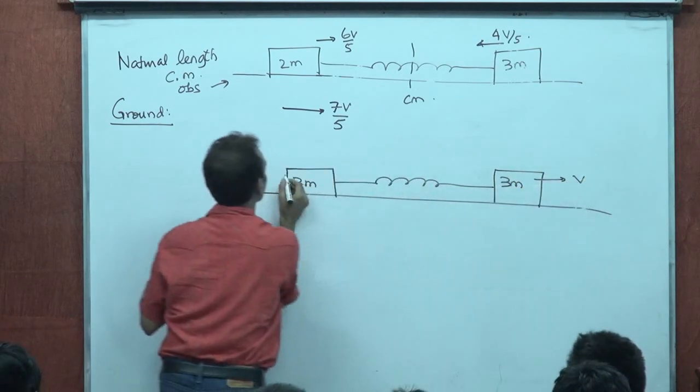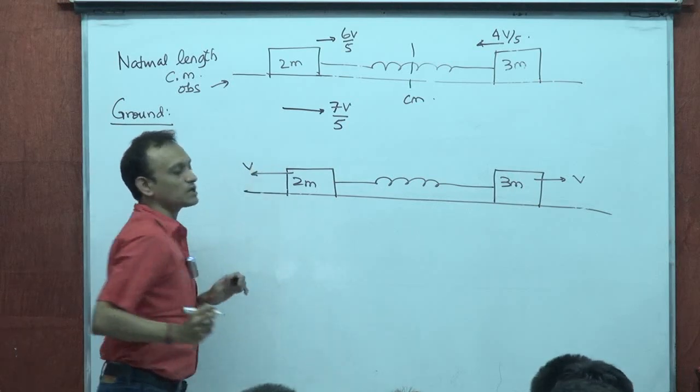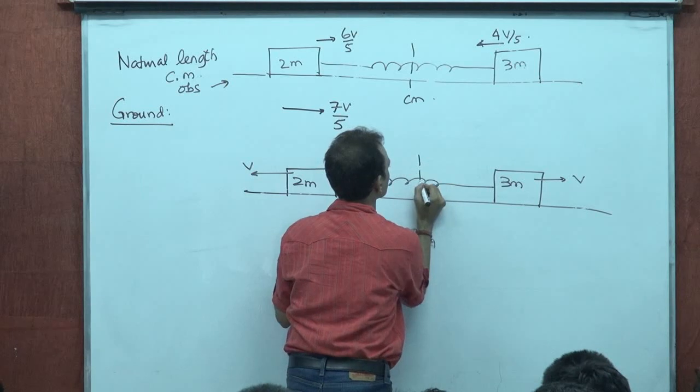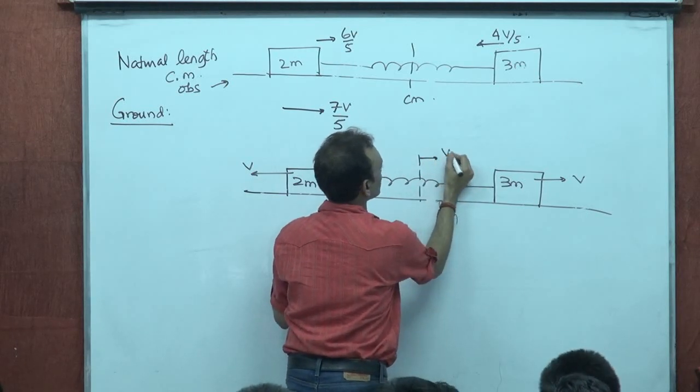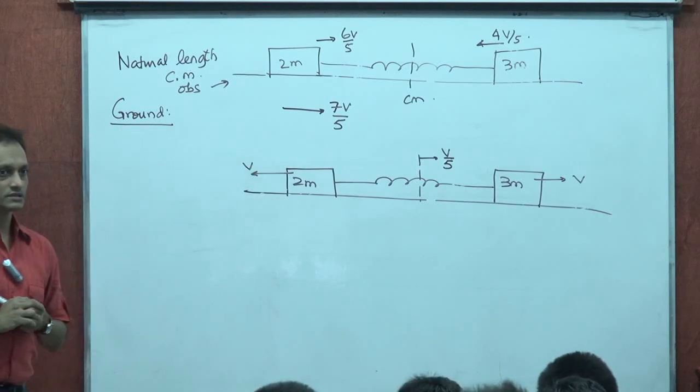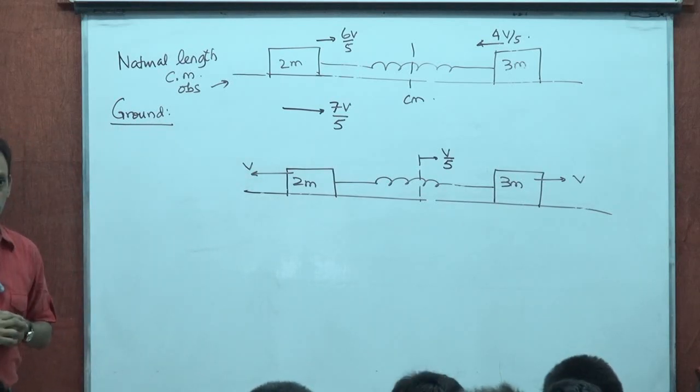In the ground frame, this is what we started with: the center of mass having a velocity v by 5.